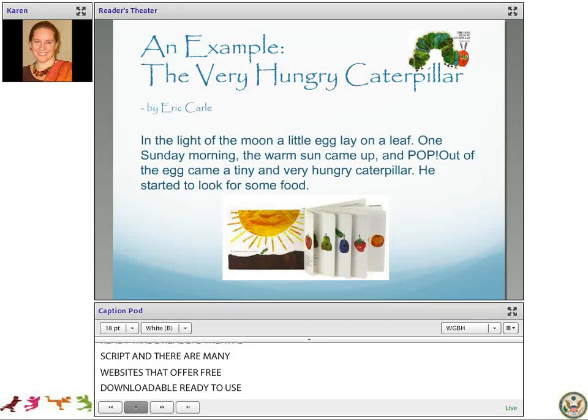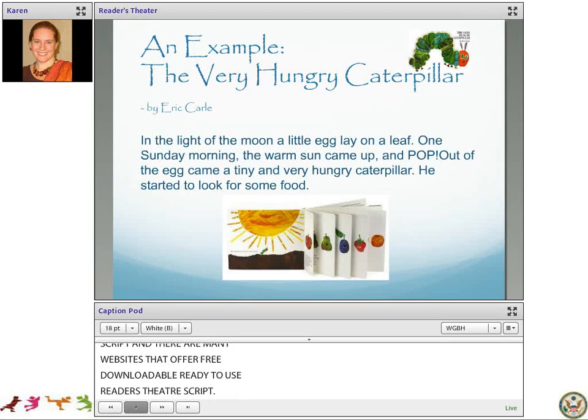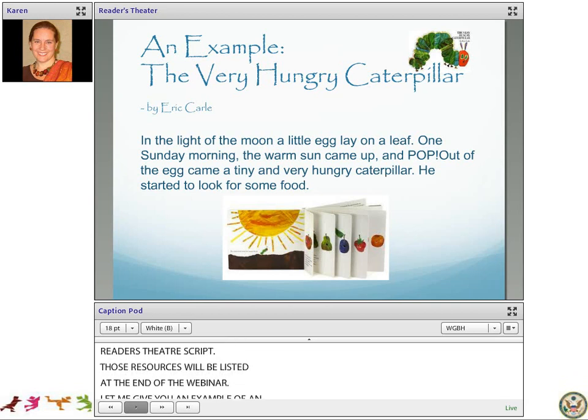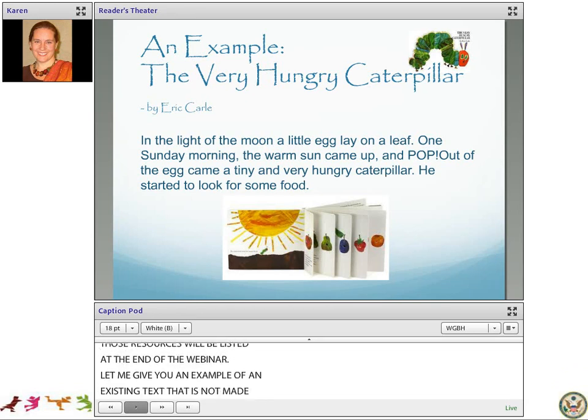Let me give you an example of how you can take an existing text, one that isn't made for Reader's Theater, but that you can easily adapt. This is a small storybook that is very popular among parents and children, at least around me, and it's called The Very Hungry Caterpillar by Eric Carle.